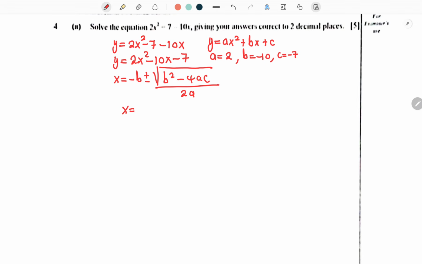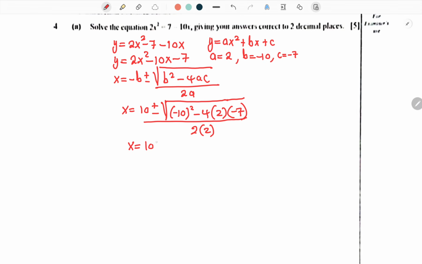Notice that b is negative 10, so this negative and that negative cancel, and you just write 10 plus or minus the root of b, which is negative 10, a is 2, c is negative 7, all over 2 times a, which is 2. So we have 10 plus or minus, and this is going to be positive 100.